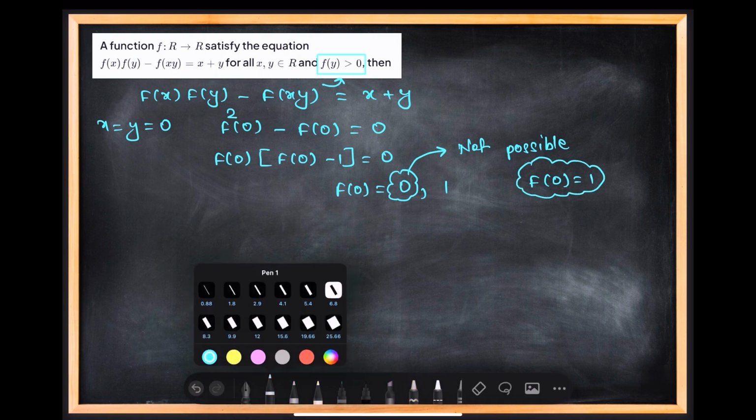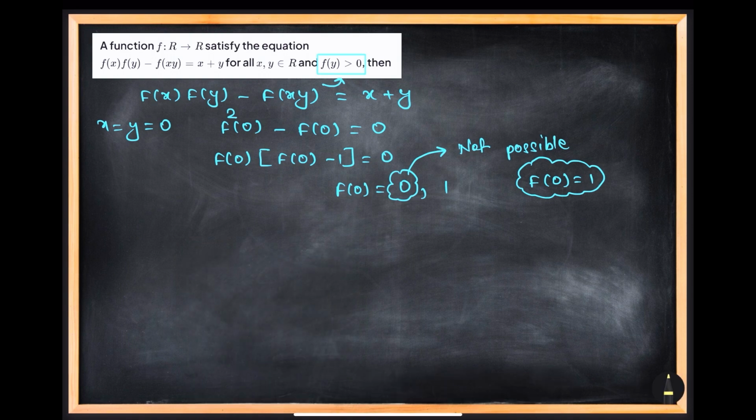Now try to calculate what f of x is. So what I'm thinking, I want to take y as 0, because we have to find out f of x. So we have to do nothing with y. So what I will do, I'll replace y with 0. So we will have f of x, f of 0 minus f of 0 is equal to x plus 0.